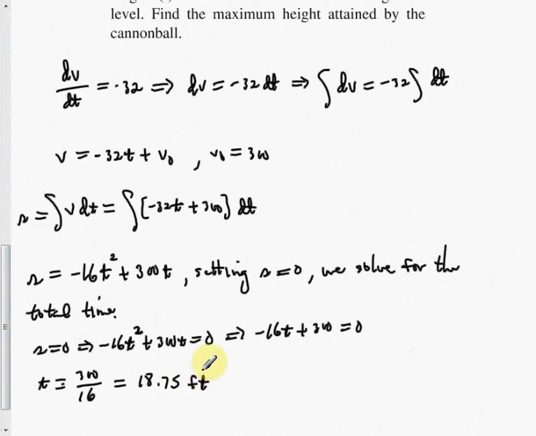Well, this parabola that we have is a perfect parabola, right? So half of this time would give us the time at the height. See that? If I split it in half.